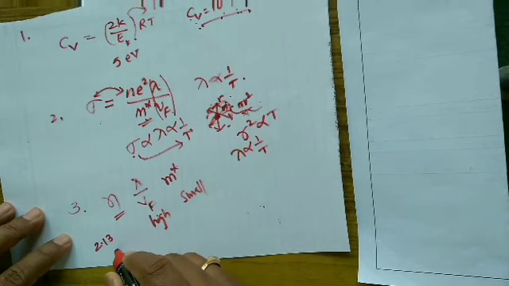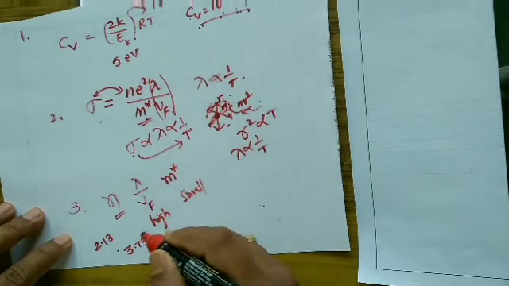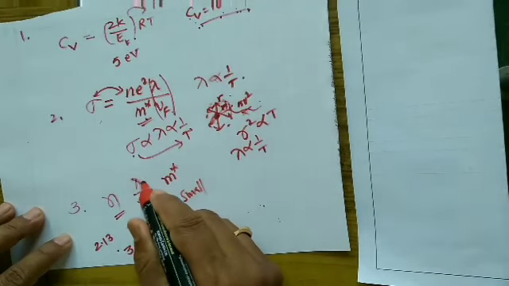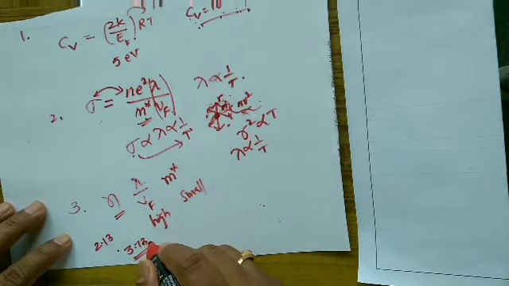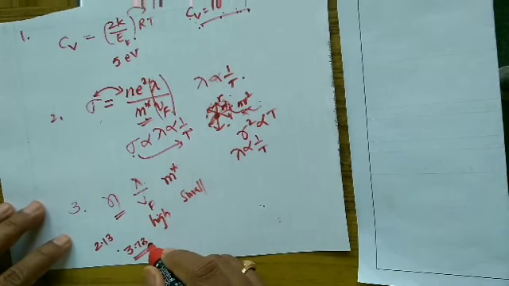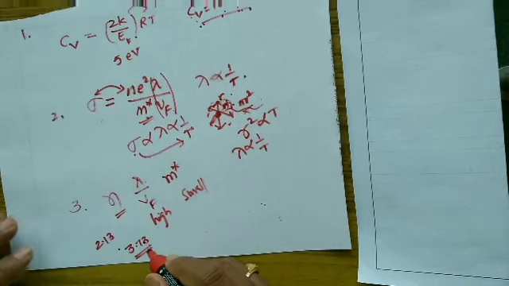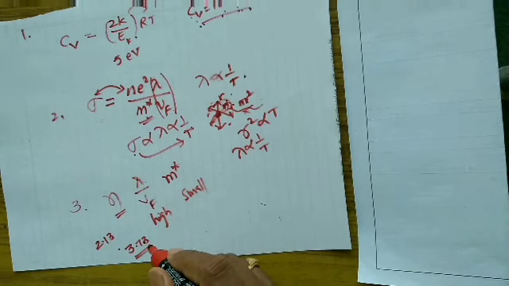For copper, this ratio lambda by Vf is 3.73 times greater than that of which metal? Aluminium. The value of m star, that is effective mass, is 1.08 times that of copper. What does it indicate?